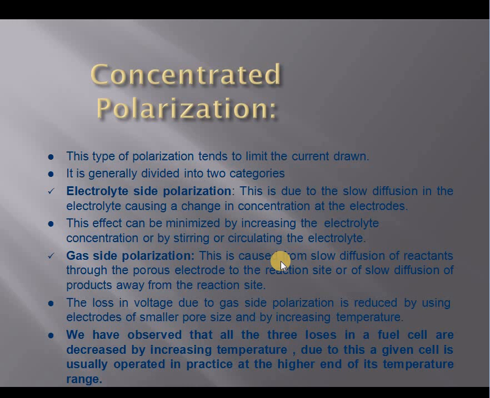This reactant may diffuse slowly, and the rate at which it diffuses is low. The slow diffusion of the reactants to the electrodes at the reaction site, or the slow diffusion of the products away from the reaction site, causes the gas side polarization. The loss in the voltage due to gas side polarization can be reduced by using electrodes of small pore size and by increasing the temperature.